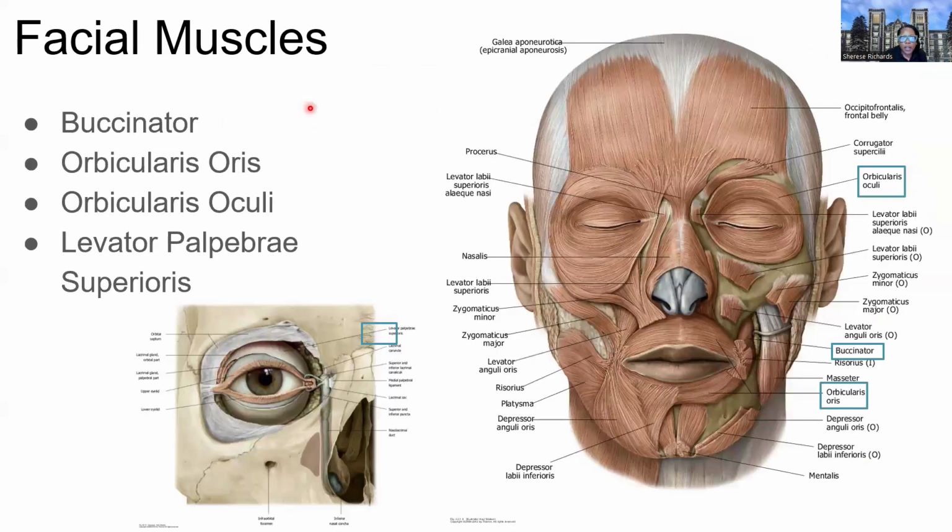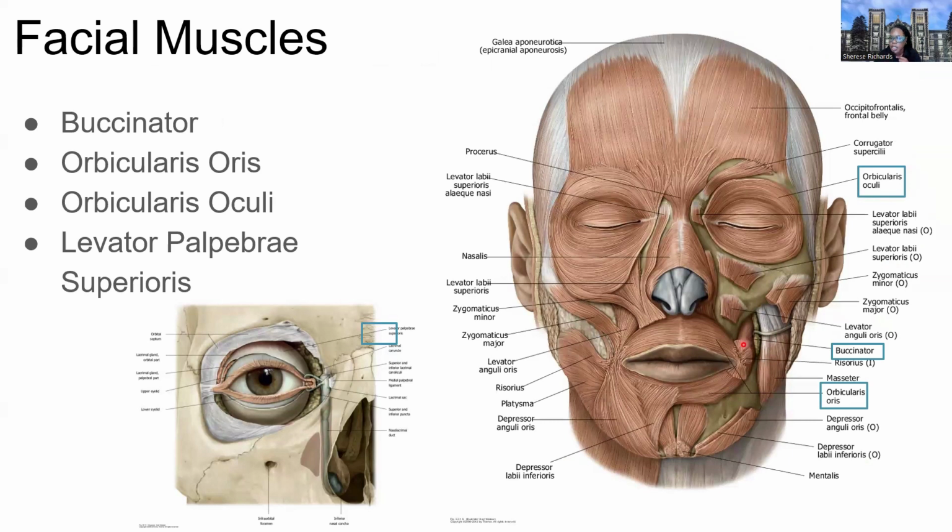Okay. Other muscles of mastication would be the buccinator. And the buccinator is the muscle deep here in the cheek. So here's the masseter that we just looked at. And then here's the deeper buccinator. And the buccinator helps to puff the cheeks out.